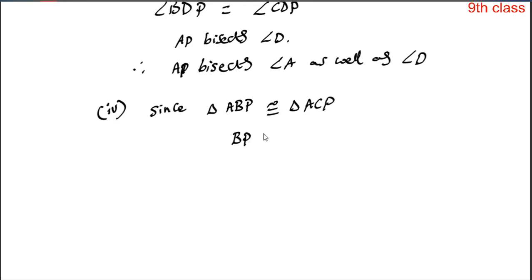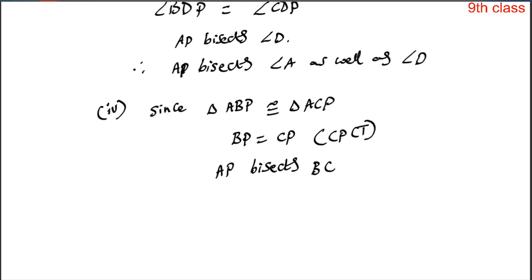So BP is equal to CP, by CPCT, since they are corresponding parts of congruent triangles. So P is the midpoint of BC. So AP bisects the side BC.